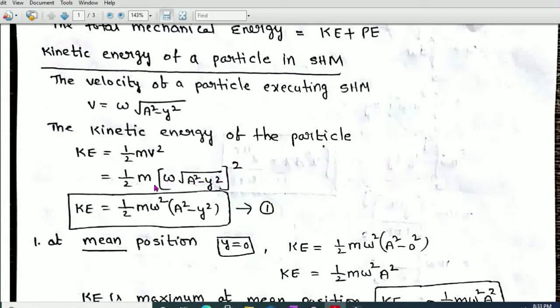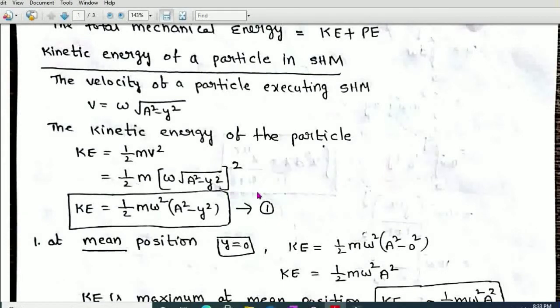Now the square applies to both terms, giving ω², and the square and square root cancel, so we get A² − y². So the kinetic energy of the particle executing simple harmonic motion is KE = ½mω²(A² − y²). Let it be equation number 1.